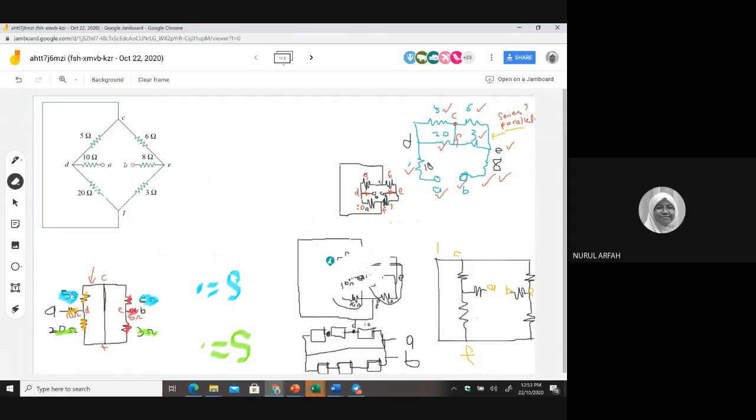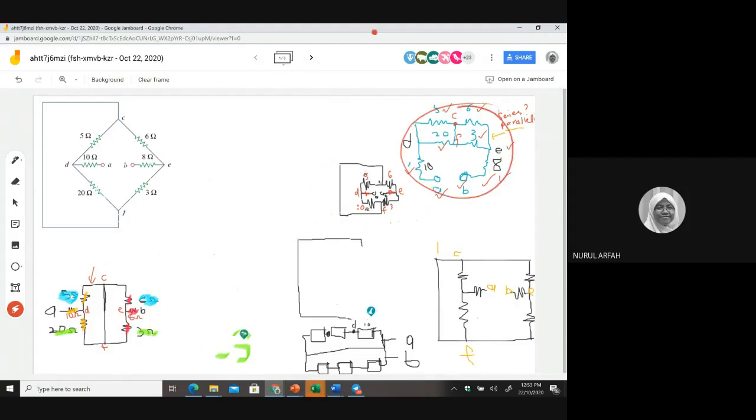Done? You need some more time? Any volunteer who wants to give me suggestion on the solution equation for your circuit? Maybe this one, maybe this one, maybe this. This one is wrong. It's not wrong because you have this connected to here.